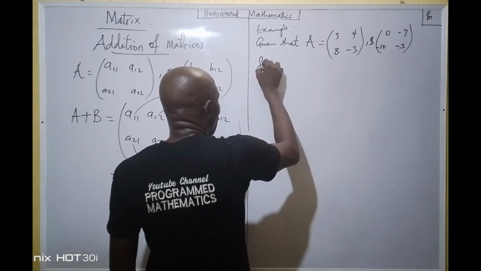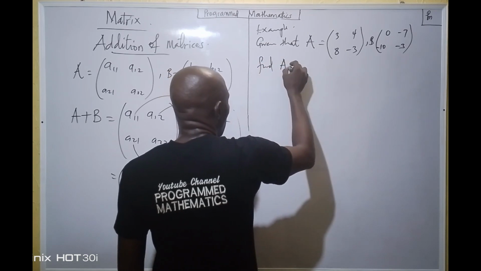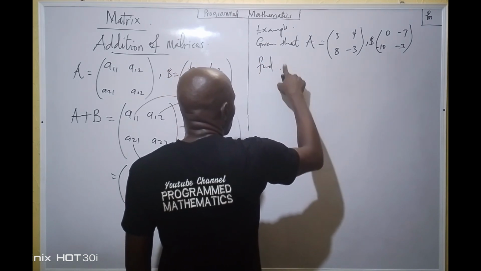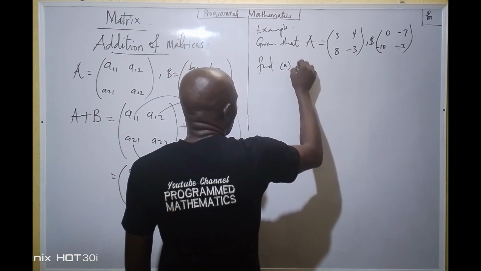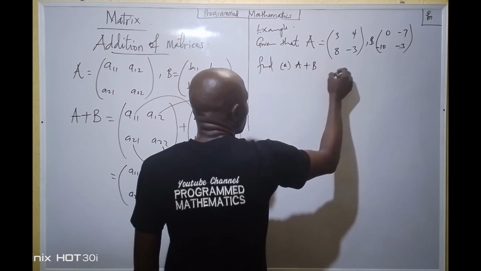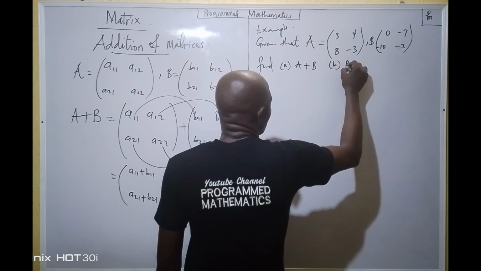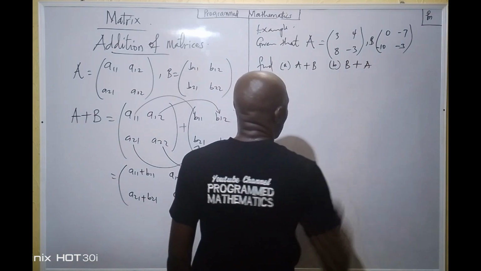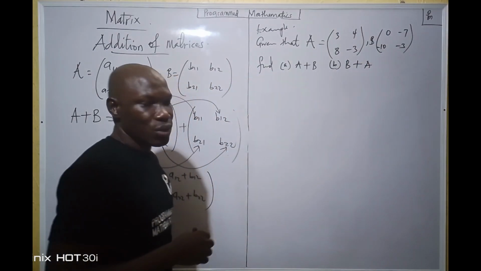We want to find the first one, matrix A plus B, and matrix B plus A. So we want to find those two.